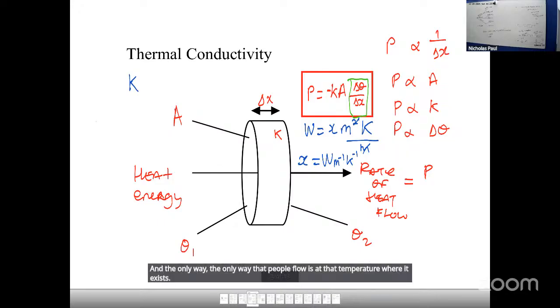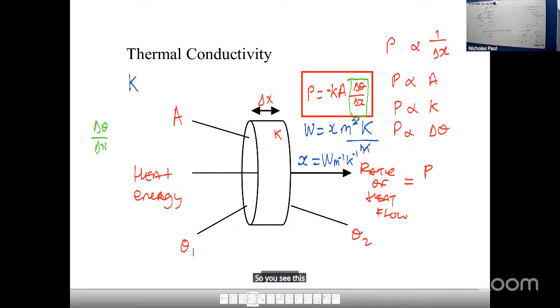So make a note: delta theta over delta x, call that temperature gradient.